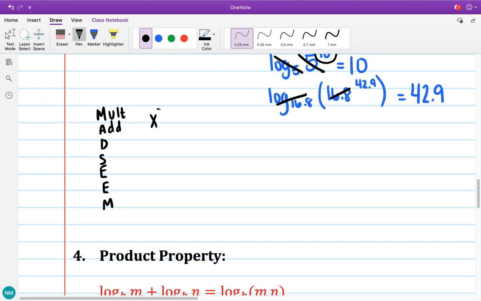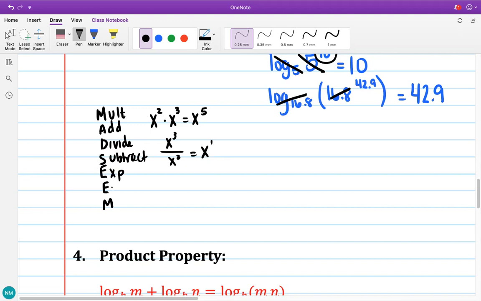So x squared times x cubed is x to the fifth. When you divide, you subtract. So x to the third over x squared is x to the first. You subtract 3 minus 2.